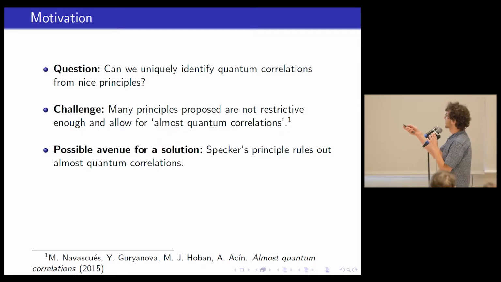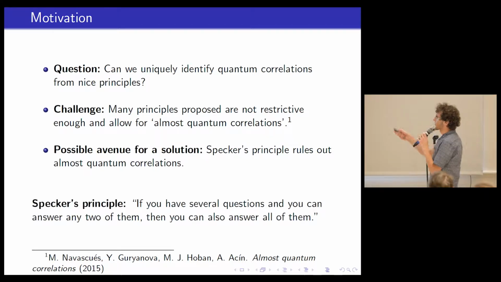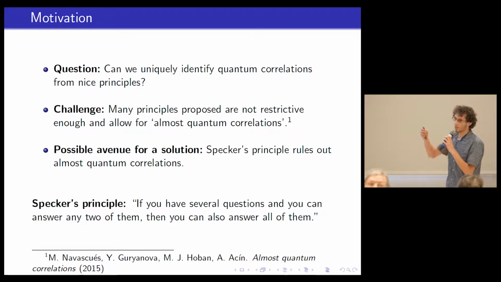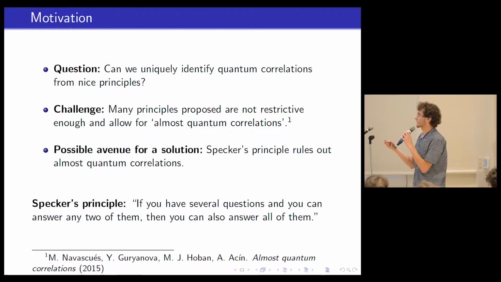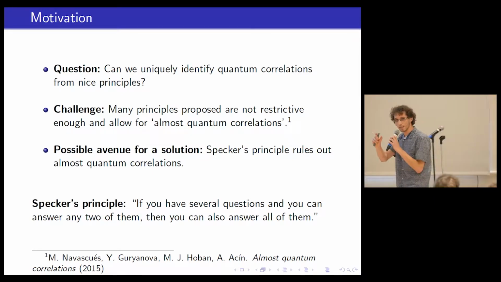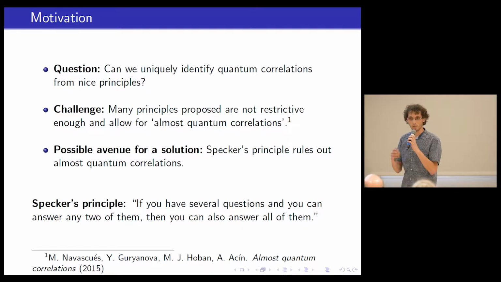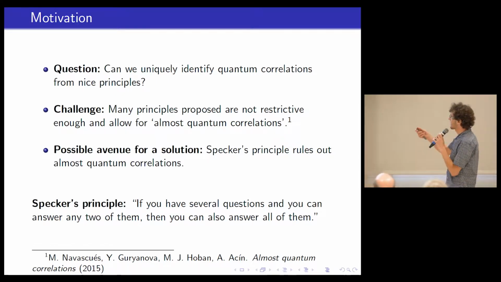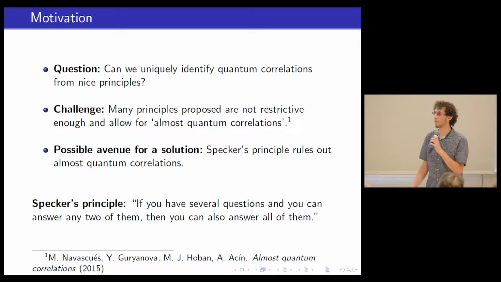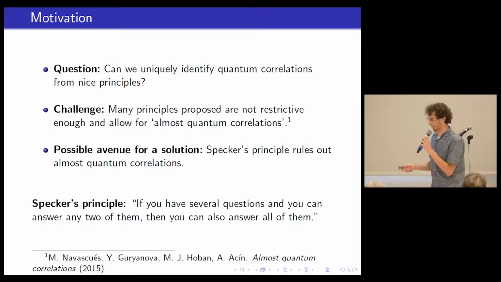In the words of Ernst Specker, the principle can be stated loosely as such: if we have several questions such that we can answer any two of them at once, then we can also answer all of them. I will make it more precise later on, but this is the slogan.